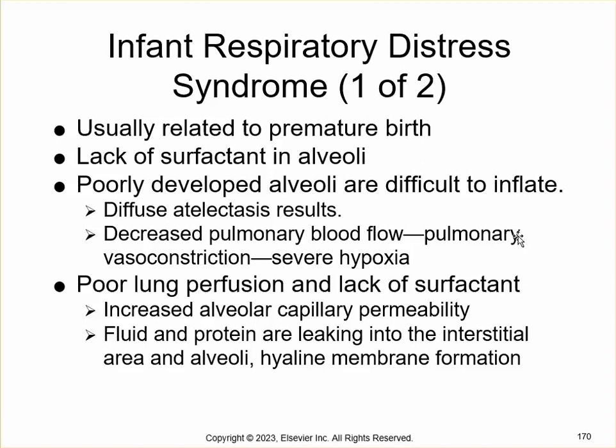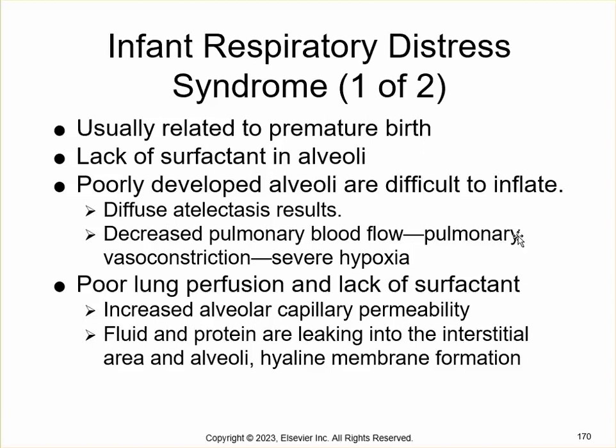So infant respiratory distress, it's got something to do with a lack of surfactant in the alveoli. It's usually preemies. A fetus doesn't breathe. They're in the womb, and they get their oxygen and nutrients through the umbilicus.